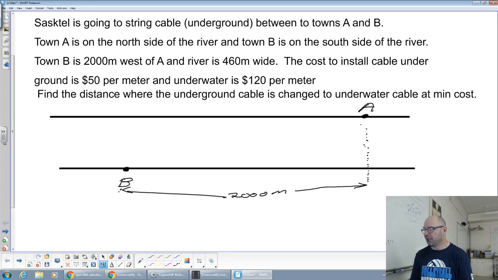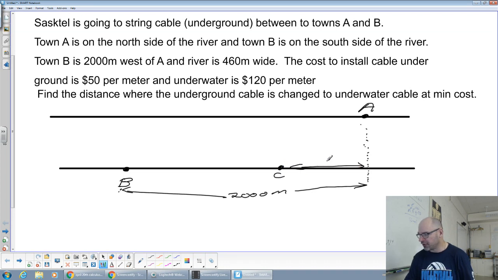Find the distance where the underground cable is changed to underwater cable. Actually, it should be where the underwater cable is changed to underground cable. So, say the change happens here, some distance away.